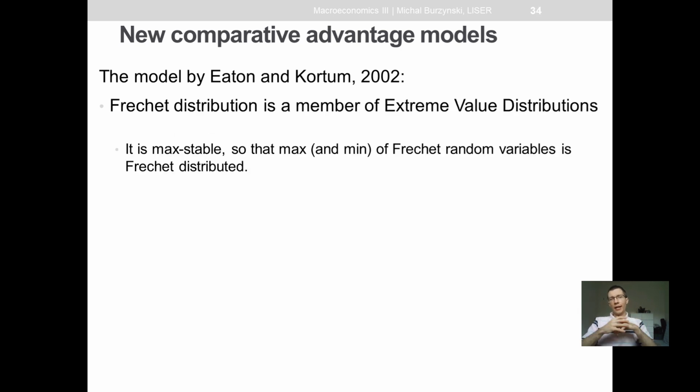Well, it is a member of the so-called extreme value distribution class. In line with Weibull distribution, Gumbel distribution, this Frechet distribution has a very specific feature, which is fundamental in economics in general. It means that this distribution, just as all the other extreme value distributions, they are max stable.